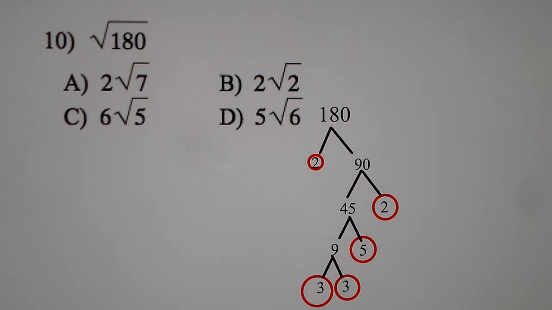So we circle all the prime numbers. We delete the composite. So you have 2 times 2 times 5 times 3 times 3.